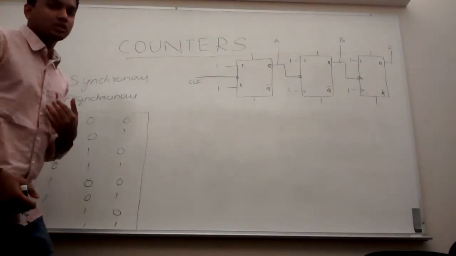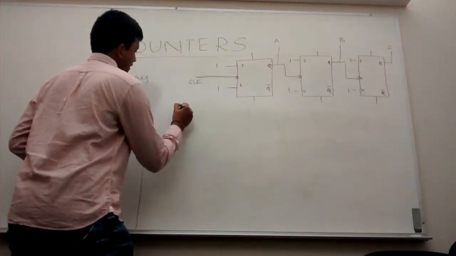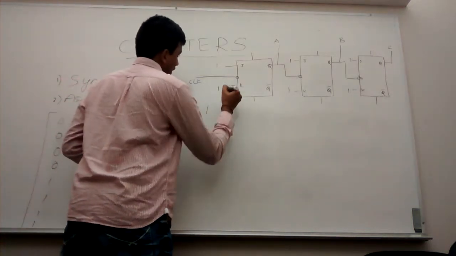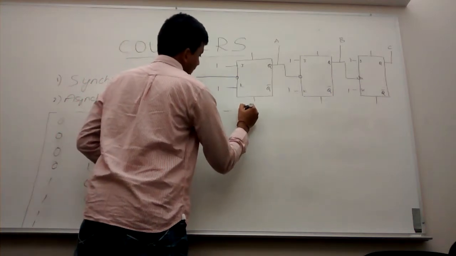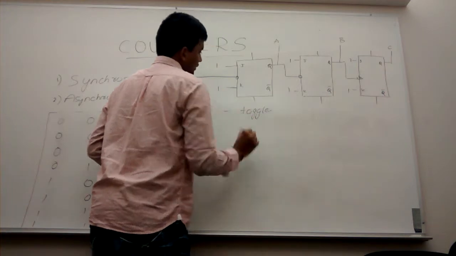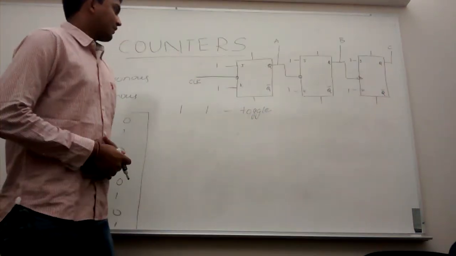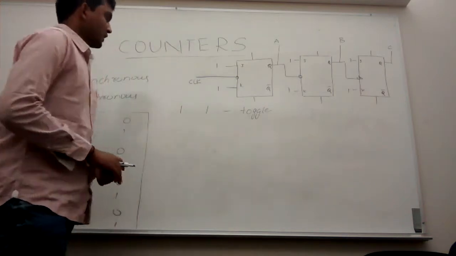We are going to use the important toggle property of the JK flip-flop, where if both the inputs of JK are 1, then the previous output will be toggled. That means if the previous output is 0, the output will be 1, and if the previous state output is 1, the current state output will be 0.